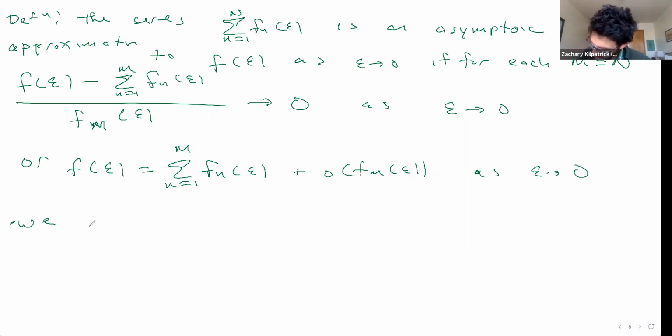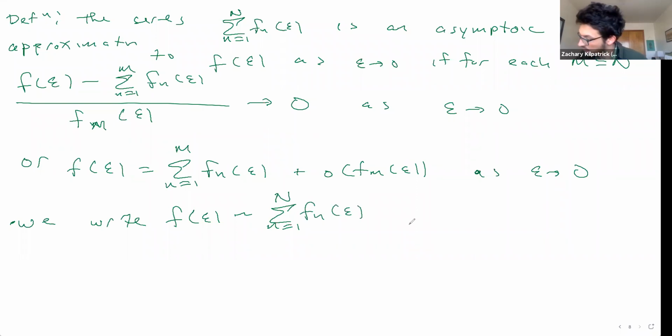And then in this case, we write f of epsilon is approximately equal to the sum from n equals 1 up to n of f_n of epsilon as epsilon goes to 0. So that's our asymptotic sequences and their corresponding approximations.